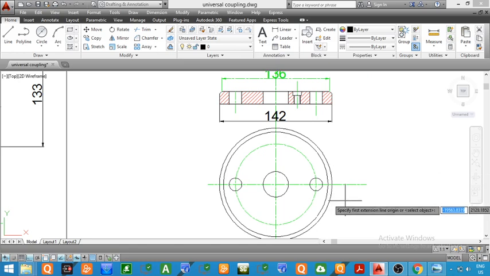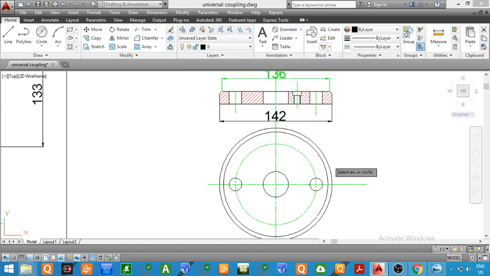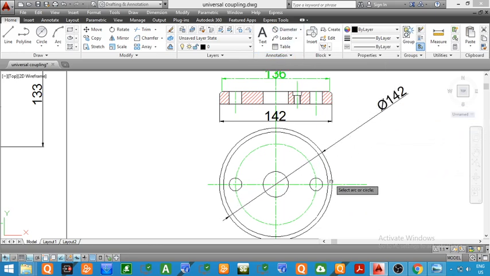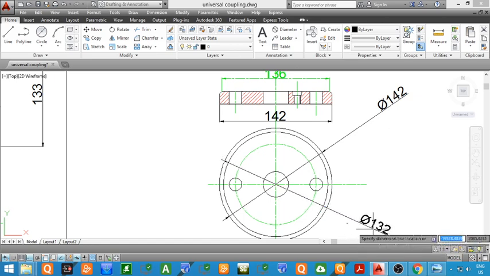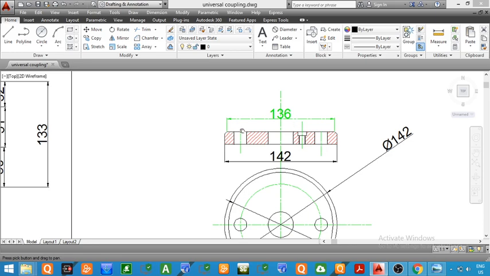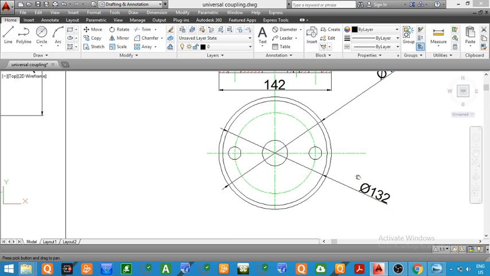I will give you a dimension here so that you can understand. The outer diameter was equal to 142. The diameter of this chamfer circle was equal to 132. Okay, there is a mistake. You can see from the front view the diameter of this chamfer circle was equal to 136, but we have drawn here a circle of diameter 132.